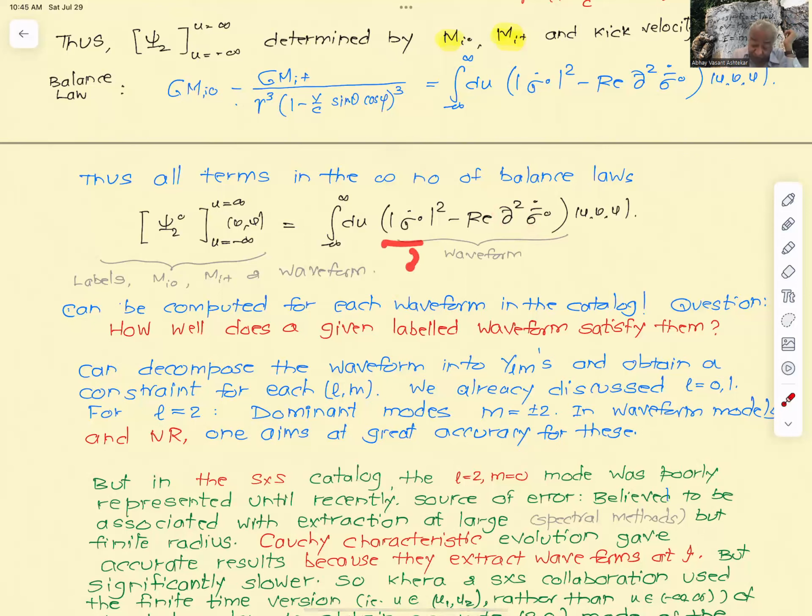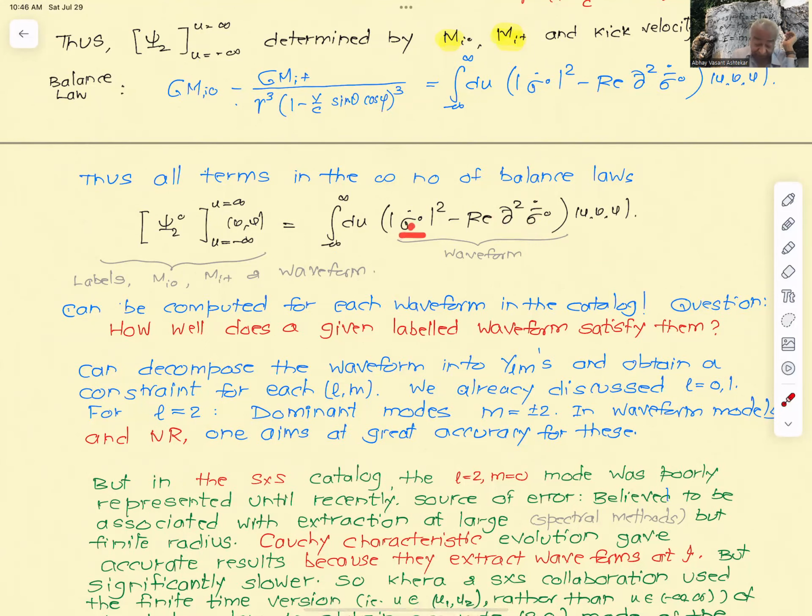And I move this term to the left-hand side, and I get h squared of sigma at u equal to plus infinity minus h squared of sigma at u equal to minus infinity. This difference is exactly the memory up here.